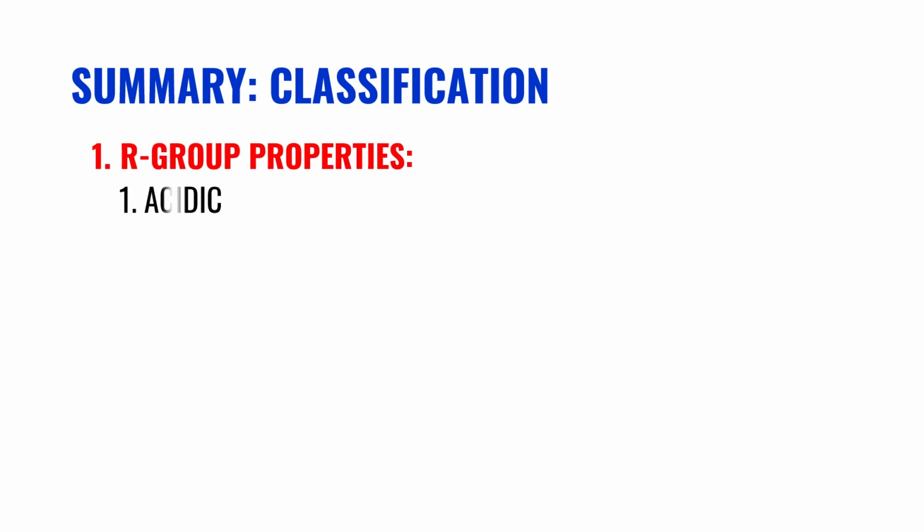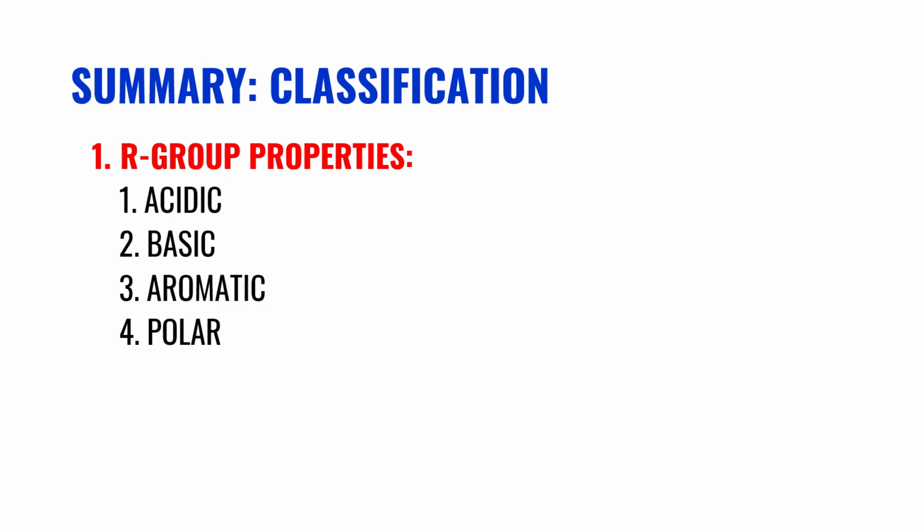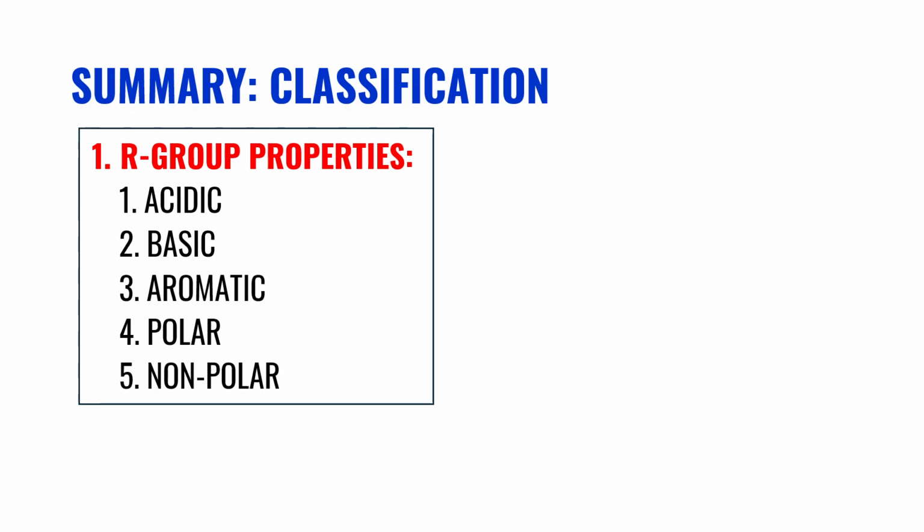So in summary, amino acids have been classified based on three criteria. The first one is based on their group properties into five different groups: acidic, basic, aromatic, polar, and non-polar. This is based particularly on the nature of the side chain and also their interaction with water molecules.